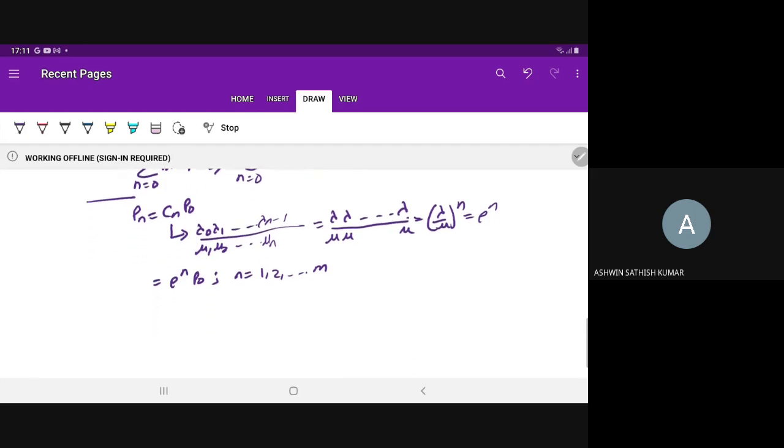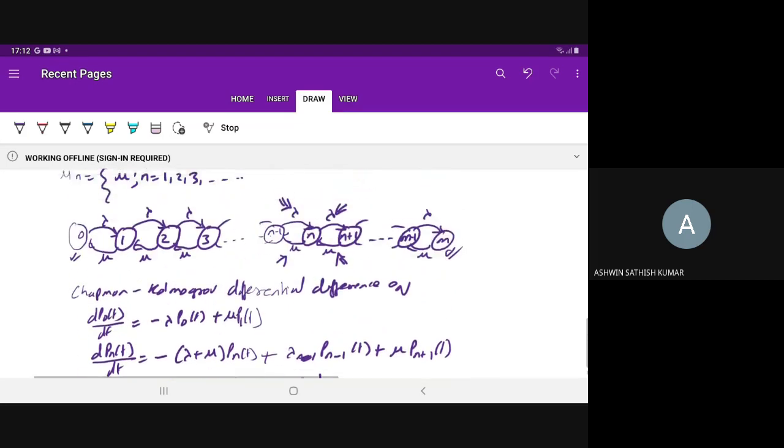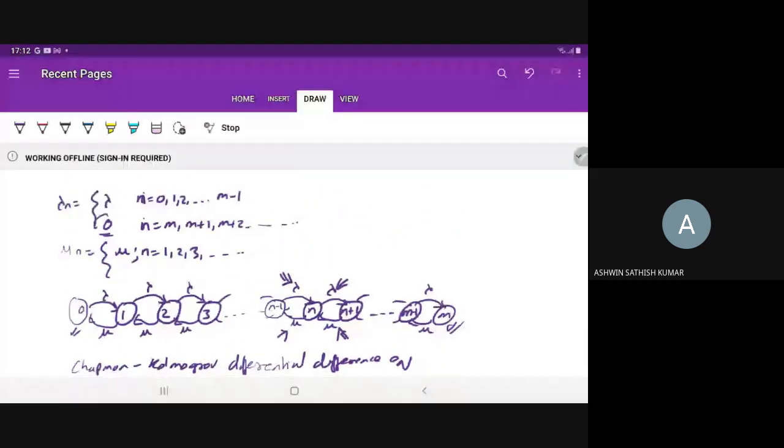Cn, this is true for n between 1 to m, and otherwise it is equal to 0. It has lambda, lambda, lambda, then 0, 0, 0 in the numerator upon mu, mu, mu in the denominator. So this becomes 0 for n greater than or equal to m plus 1, because after m the arrival rate is given as 0.